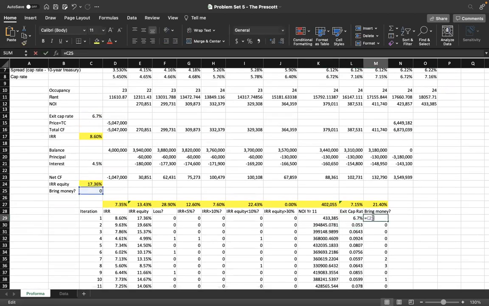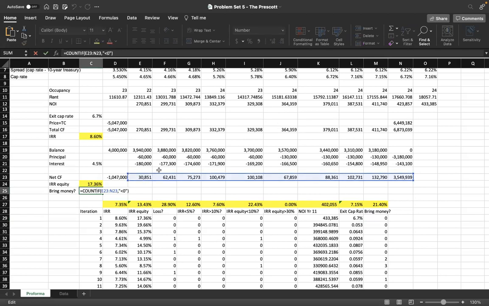So bring money or not, I assume it to be here like this. This one equals to if any of them is below 0. Let's call this whole thing one sample, one iteration.